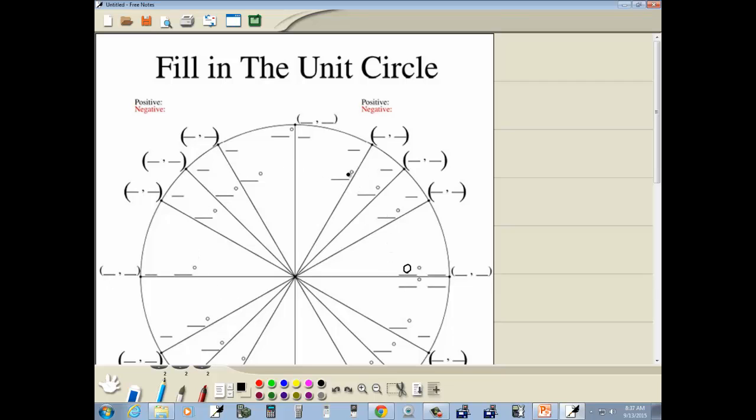Well, first, let me fill out the 45 degree. This is 45 degrees. So we got 0, 45, and then 90. And we're going to keep adding 45. So 90 plus 45 is 135. Hopefully my eyes don't get off here and I put it in the wrong place. Plus another 45 gives us 180.